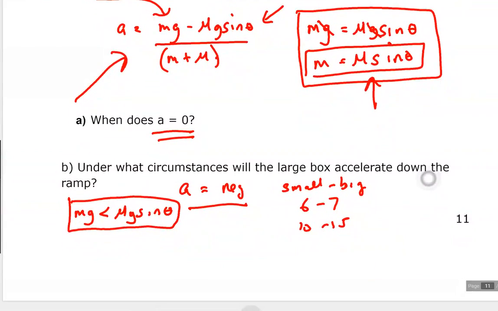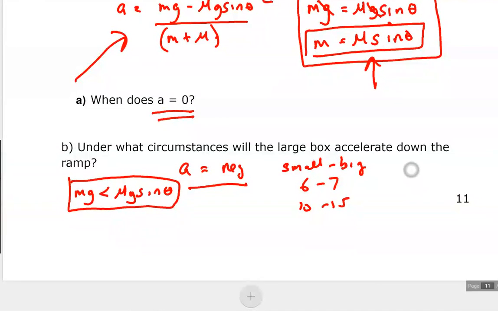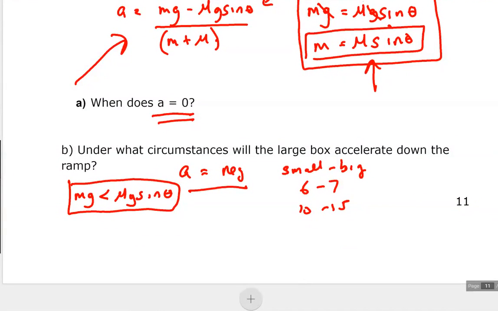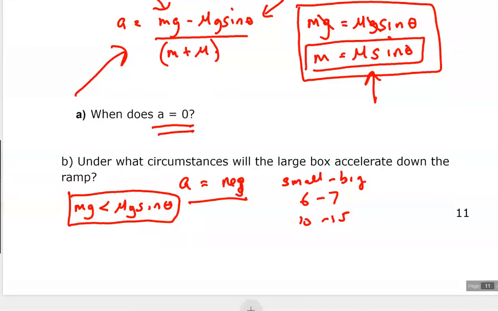Either it will be at rest or with constant velocity. Under what circumstances will the large box accelerate down the ramp? Which means in our system, down the ramp is negative. So the acceleration is negative when the first term in my fraction is small and the second term in my fraction is big. And that is it.